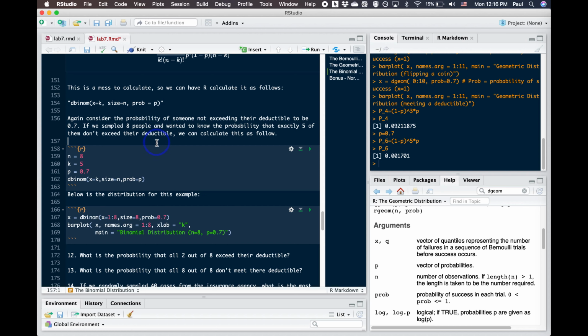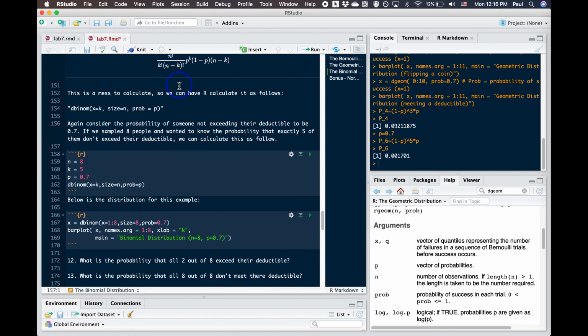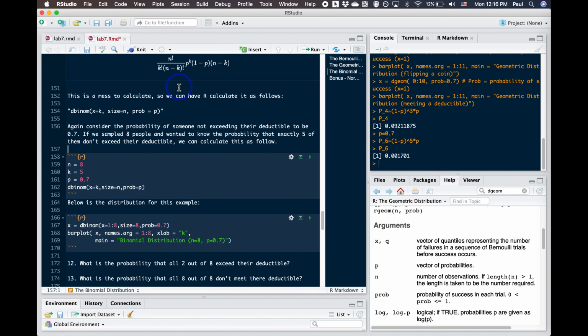So we're looking at this formula up here. It's a fixed number of trials, and if you ever hear fixed number of trials, Bernoulli trials, and we're finding the number of people that exceed or have a success or a failure, that's a binomial.